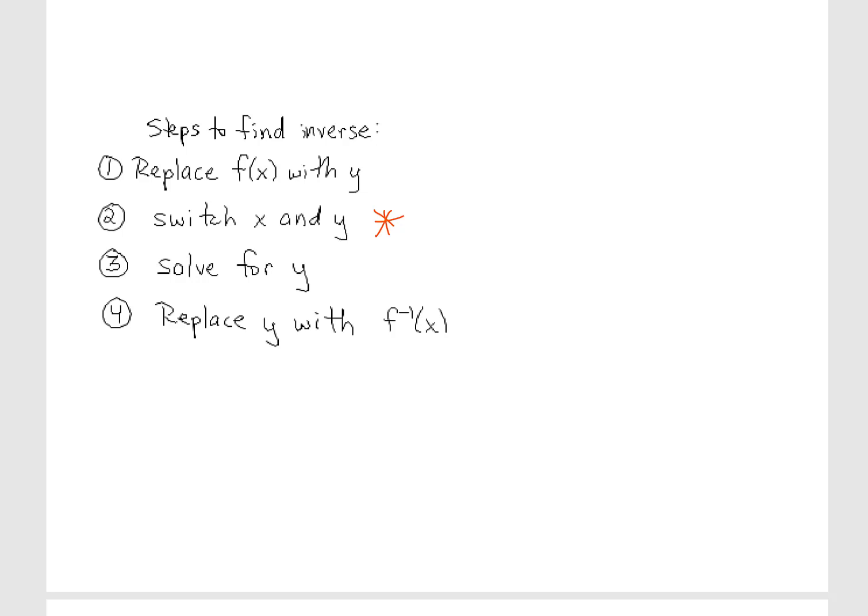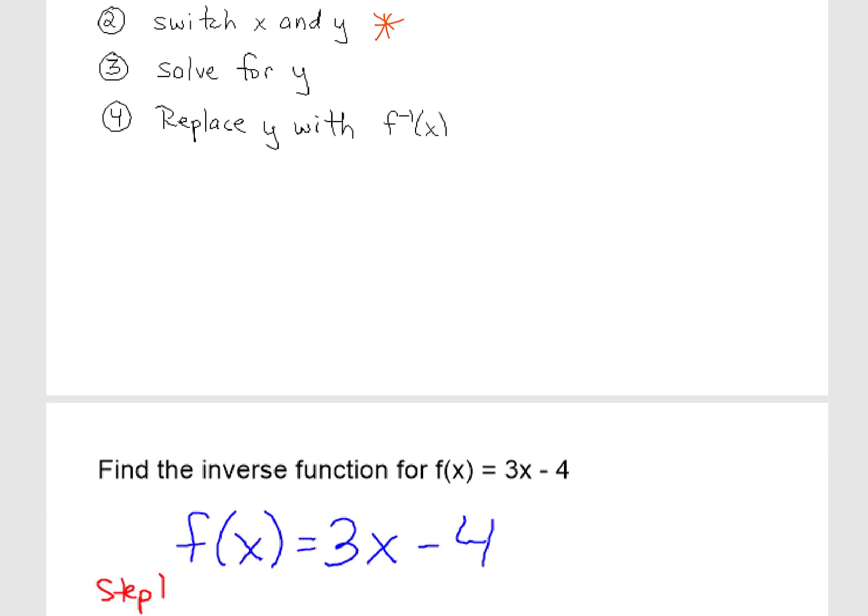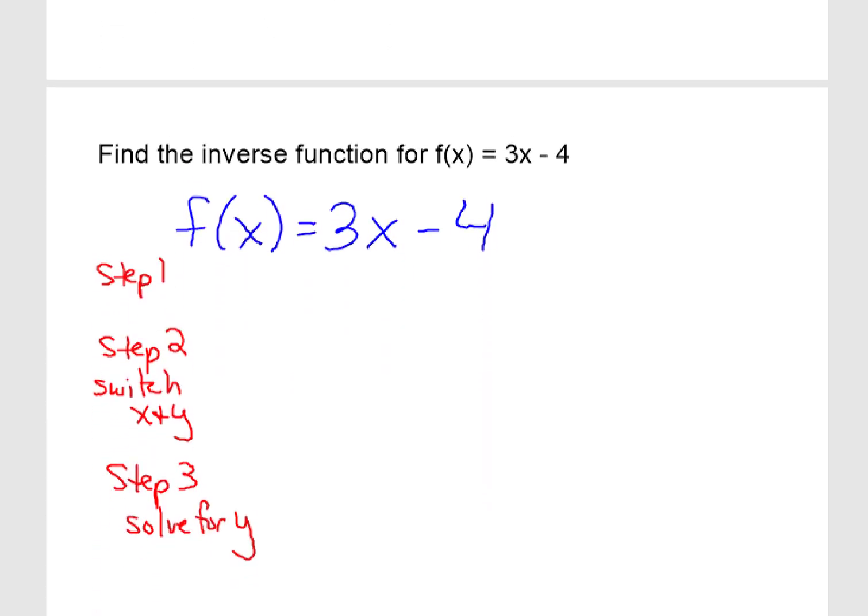Well, hopefully when you think of inverse functions, you think, oh yeah, x and y's are switched. So that will hopefully signal you to say, oh, I need to change that f of x to y because I need to be able to switch my x and my y. So switch your x and y, then you'll solve for y, and then you'll replace the y with the inverse of x. So we know that, okay, this is the function for the inverse of x. So let's go ahead and try that.